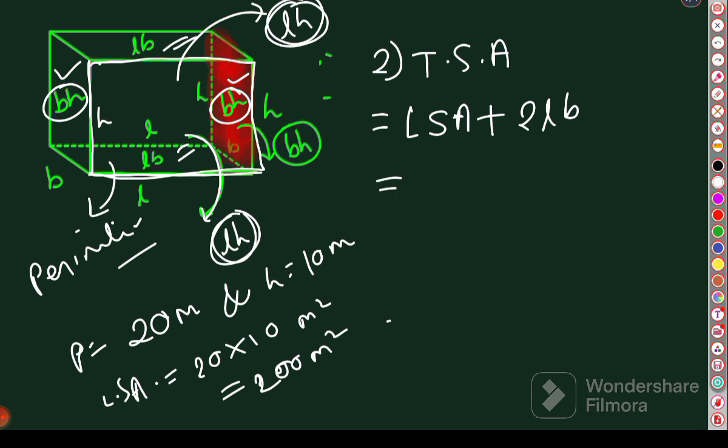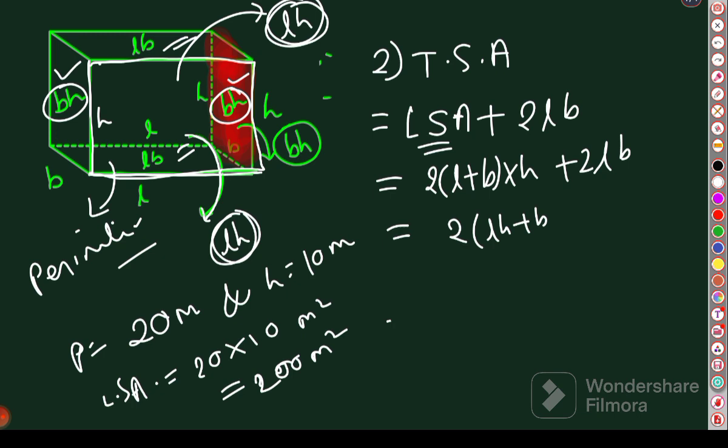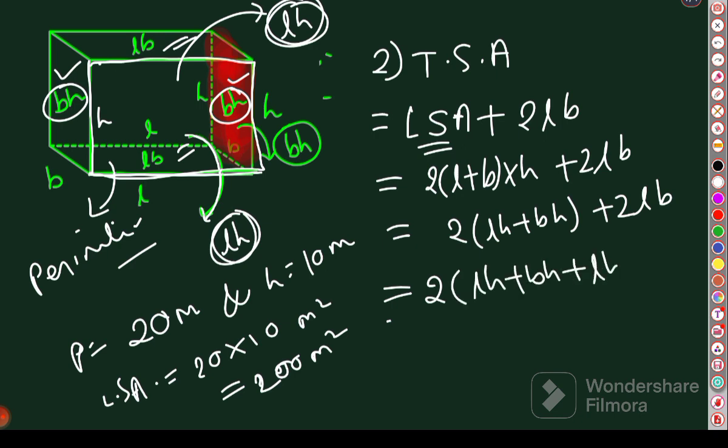Now if you put the lateral surface area 2 into (length plus breadth) into height plus 2LB and simplify, you will get 2 into (LH plus BH plus LB). So this is the formula of total surface area. All right, total surface area.